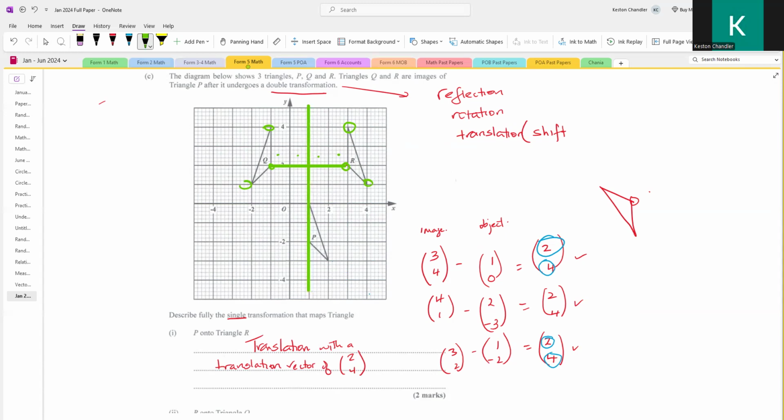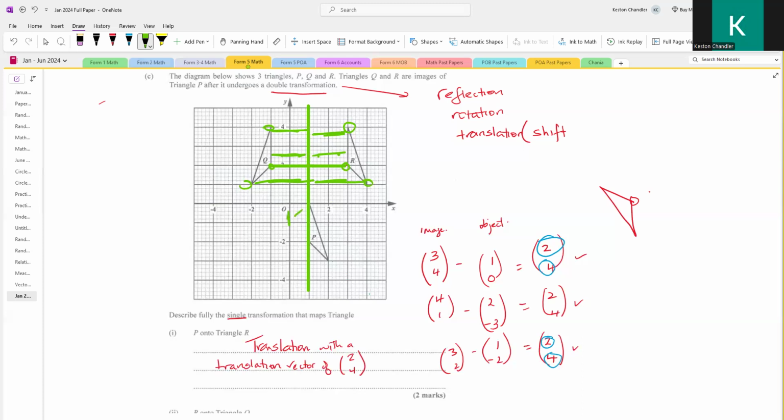All the points are going to be equally spaced away from the line. Look at this. This has 2 on this side, 2 on this side. Look at this point. 2 on this side, 2 on this side. Look at this one. 3 on this side, 3 on this side. So we can clearly see that R is being reflected in this line here. What is this line? This line is passing through the point 1 on my x-axis.